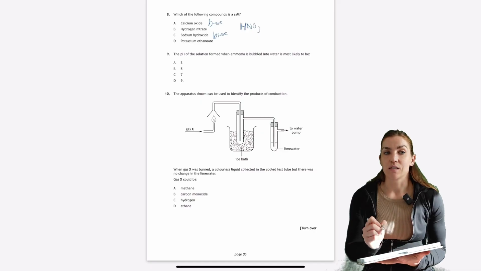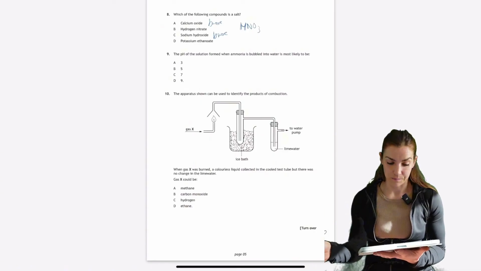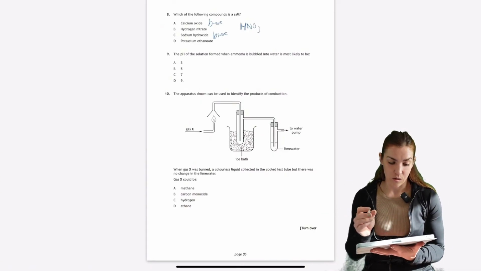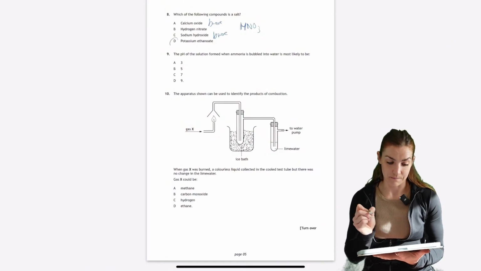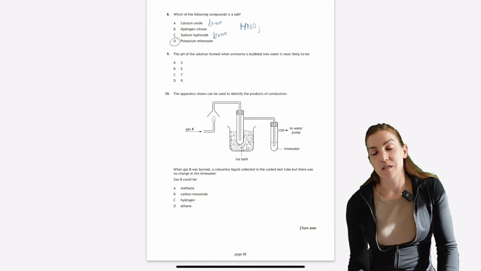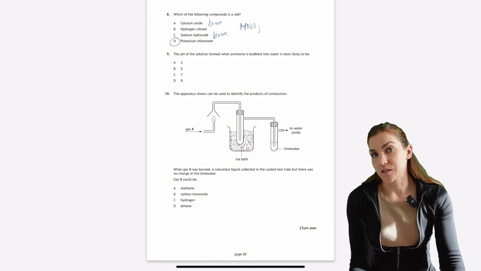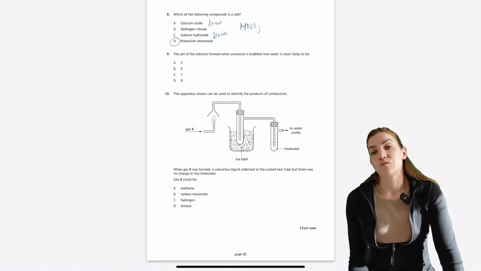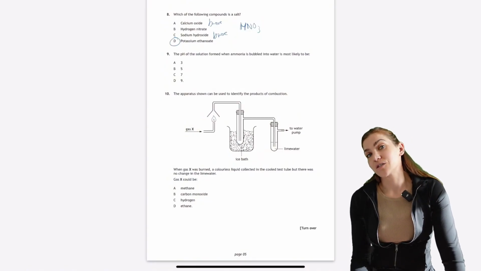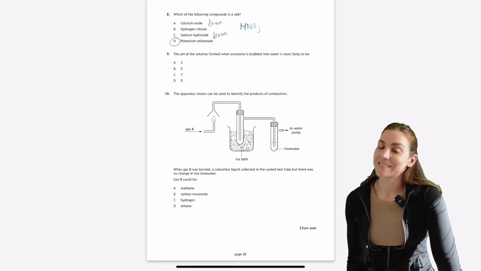Potassium ethanoate, that's got a metal and an ethanoate ion, which is what a salt is composed of, so that would be D. So the bases rhyme does help for identifying a salt, or sometimes that question's identifying a base. So just remember, bases, they're so great, oxides, hydroxides and carbonates.